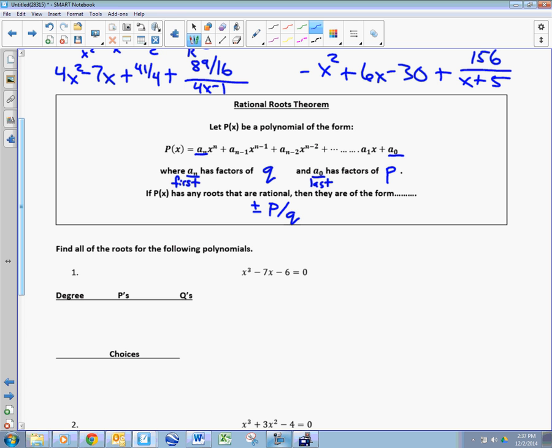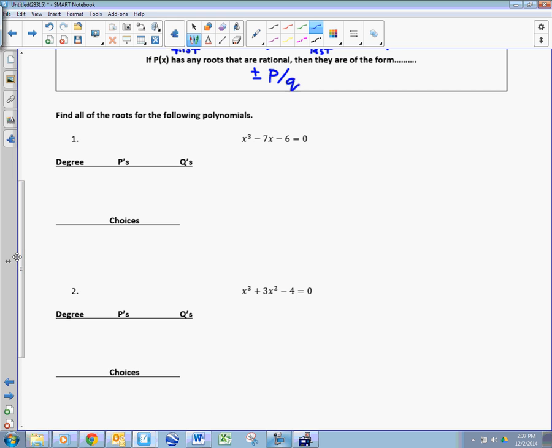This is so cool because when you look at this, you have no idea how it factors. But we're going to factor this in the course of about 2 minutes, and we're honestly going to take our time. All you have to do is follow my steps as I've written out here in this nice organizer. What's the degree? So it will have 3 factors. P's are factors of the last number. What are these factors? 1, 2, 3, and 6.